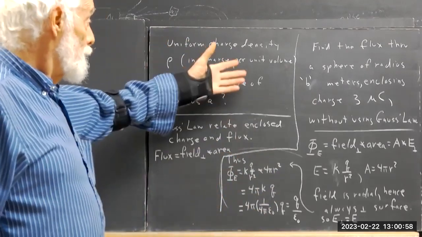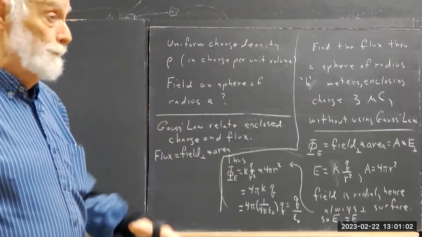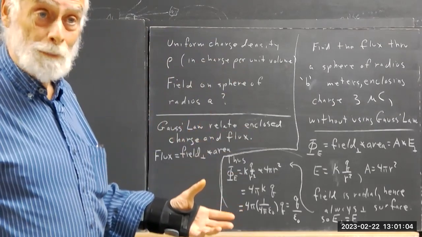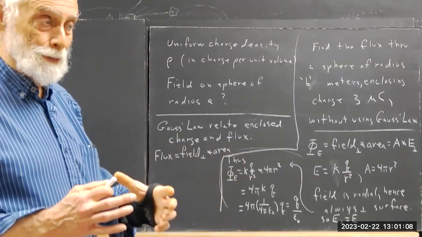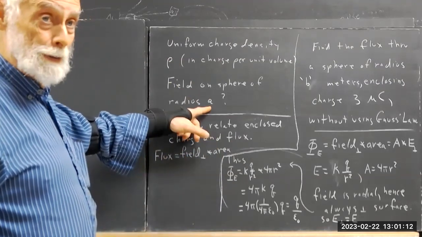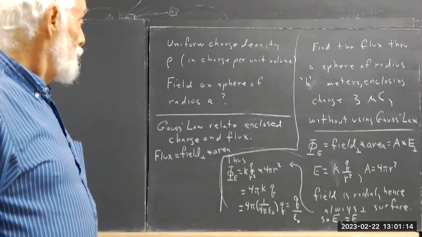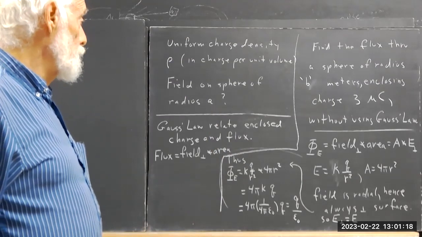This charge of density rho is implicitly inside the sphere, and very likely outside the sphere too, because you can do bigger or smaller spheres. So we're in a region where the density is this, and now we're asking for the field on a sphere of radius A.